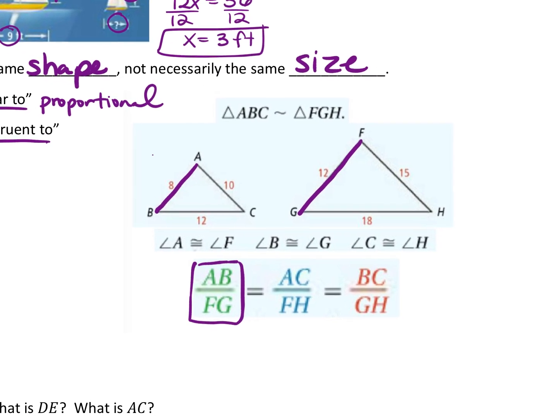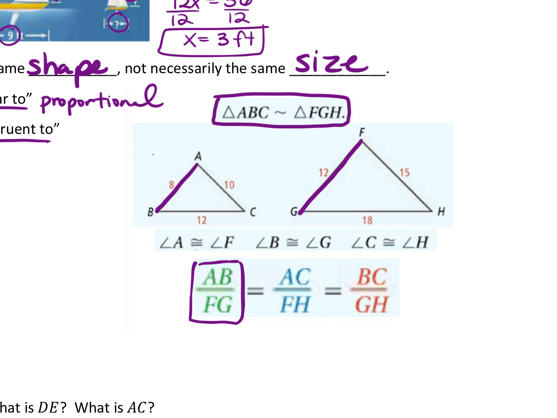Okay, so here's the setup. If they tell you that triangle ABC is similar to triangle FGH, then our angles are all congruent. This angle is the same as this angle. Angle A is the same as angle F. Angle C is the same as angle H, okay? The angles are equal in value, but the sides are proportional.